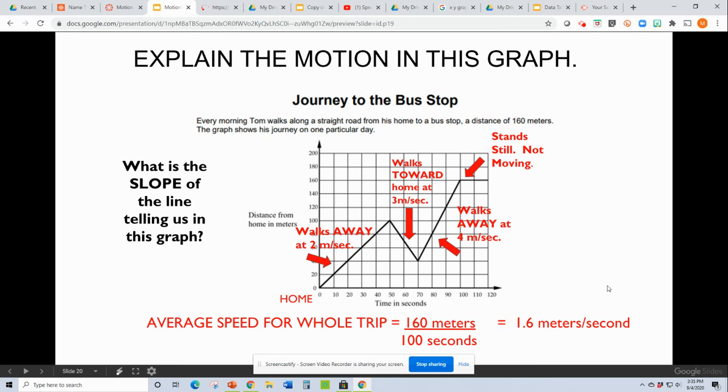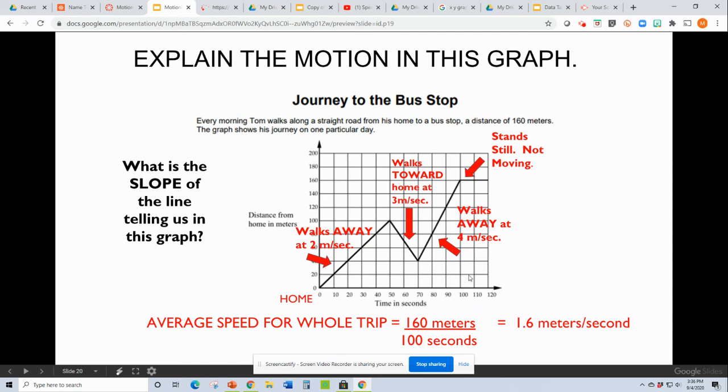Well, the average speed for the whole trip is the total distance divided by the total amount of time. Well, it tells me right here that the total distance is 160 meters. I can also see right here that he went from 0 to 160 meters. So that's the total distance for the whole trip. And how long did it take him to do that whole trip?